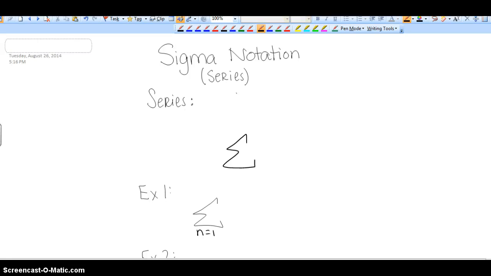These notes will consist of what's called sigma notation, and sigma notation deals with series. Now, a series is adding up the terms of a sequence.